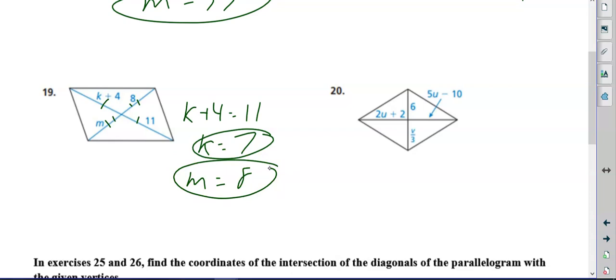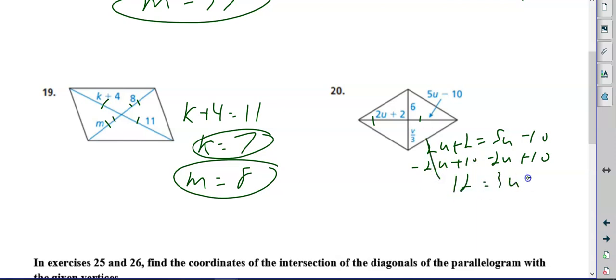All right. Now over here, the diagonals bisect each other, so these are equal to each other. 2u plus 2 is equal to 5u minus 10. I'm going to subtract 2u on both sides and add 10 on both sides. So that gives me 12 on this side and 3u on this side.